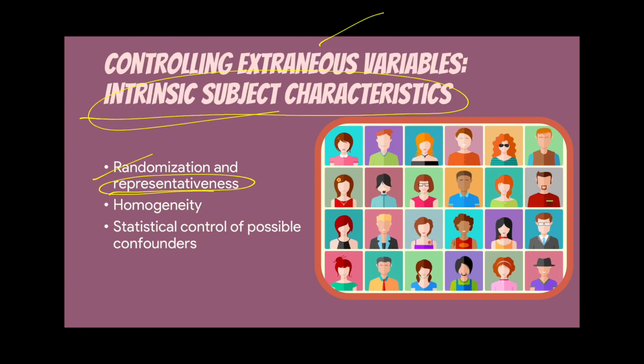Another way to do it is homogeneity. For example, you as a researcher feel like the research that you will do would be different if the person that you interview or get data from is from Luzon, from Visayas, or from Mindanao. So what you would do is just get people from Luzon, so that at least culturally they have a more common cultural context, so the cultural context will not be an extraneous variable.